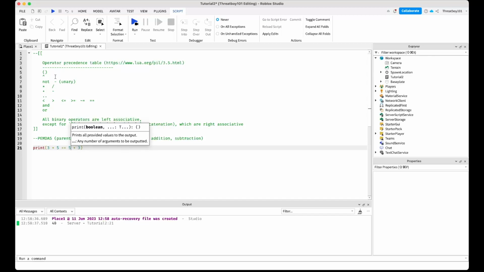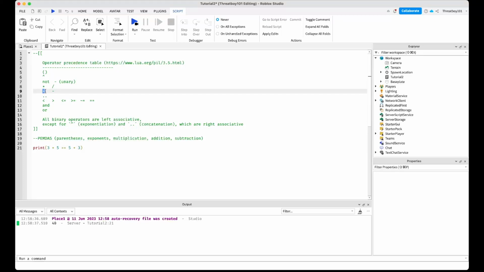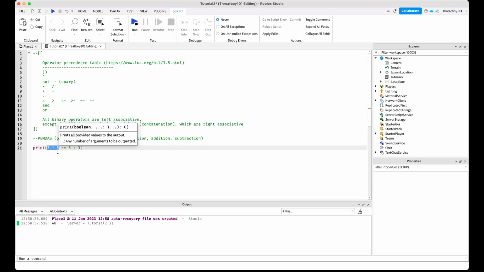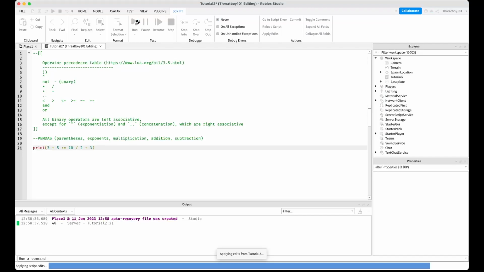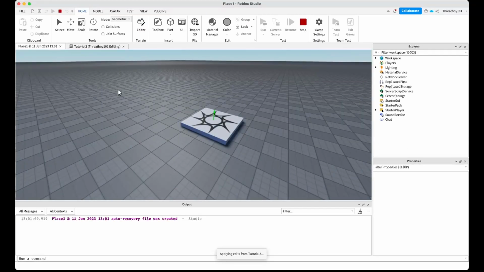And then after is the plus. So it'll do 3 plus 5 here, which is 8, and it'll do 5 plus 3 here, which is also 8. And then it would compare the two, and they should be equal. If I run this, that's true because they are equal.